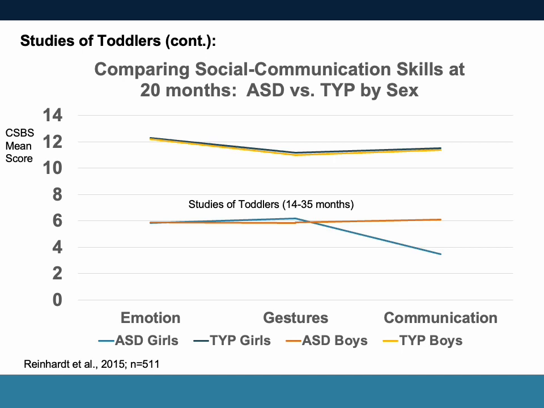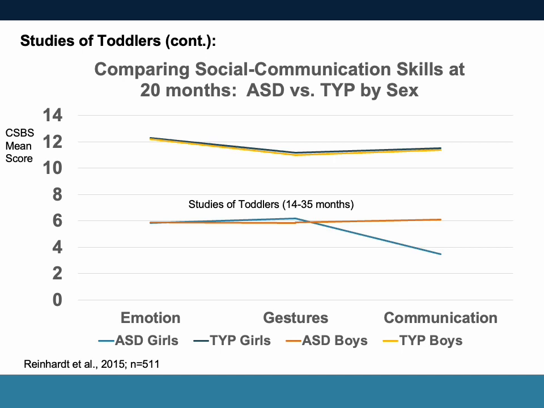And you can see that in this 20-month-old sample, there are very few differences between typical boys and girls. They're right up there at the top. When we look at the toddler boys and girls, what you see are no differences in emotion items, a slight advantage for girls in gestures, not meaningful though at all.